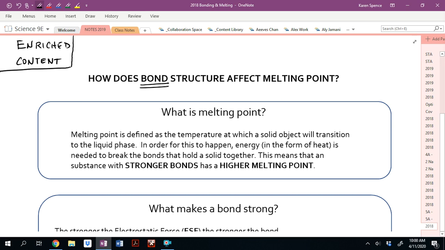Since we're looking at bonds, let's review for ourselves the three types of bonds. Pause the video and see if you can remember for yourself what the three types of bonds are.